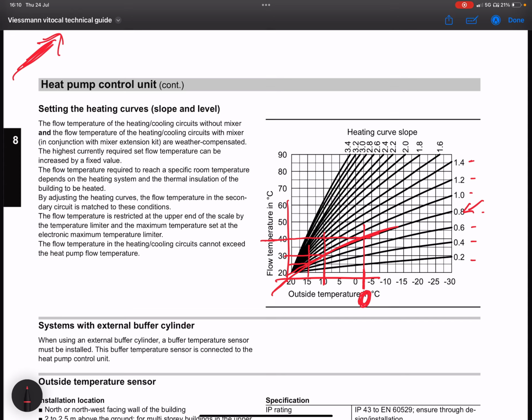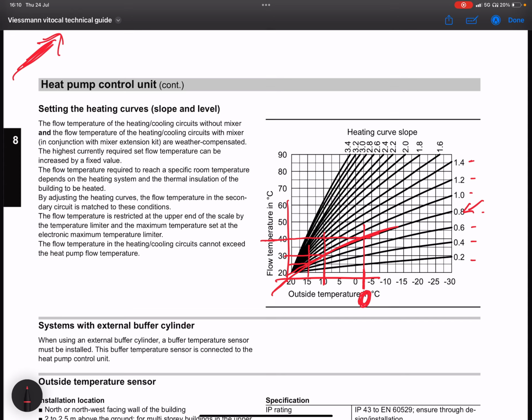And you may find that in shoulder months, so autumn and spring, where it's not overly cold, that slope needs adjusting. The level of it may need adjusting. So you might find you're a little bit too hot or a little bit too cold with basic weather compensation in those shoulder months. But with the advanced compensation you can get in the Viessmann systems, you can adjust that to account for that in your shoulder months.